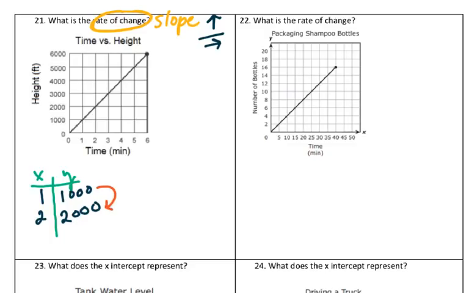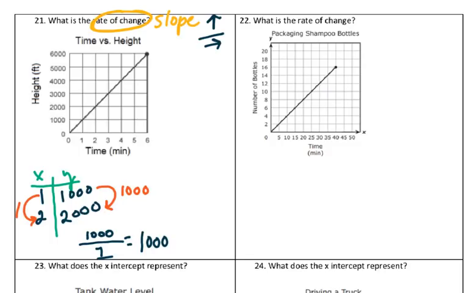How much did the y's change? From 1,000 to 2,000, they went up 1,000. Change in y over my change in x. A 1 to a 2, oh, that's easy. It increased by 1. So my slope is the change in y over my change in x, which is the number 1,000.